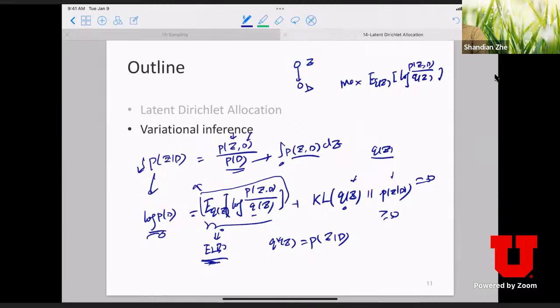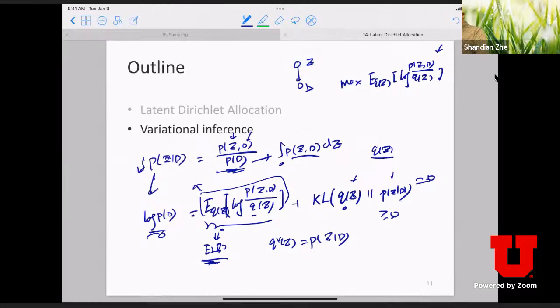I maximize this ELBO. If I don't put any constraint over Q of Z or make any simplification over this objective function, again, the hardness is the same as if you directly compute the marginal distribution by applying Bayes' rule.